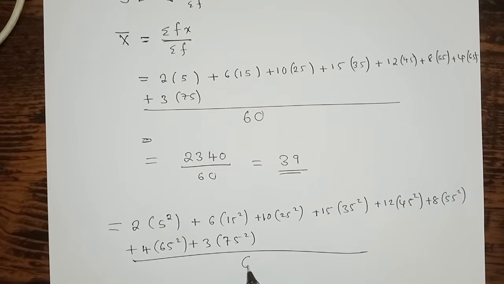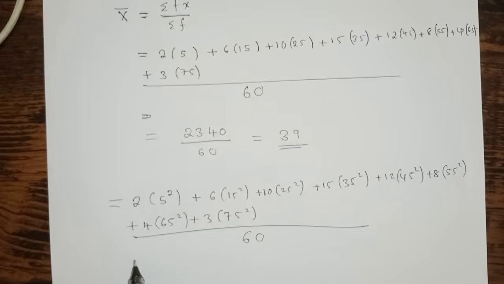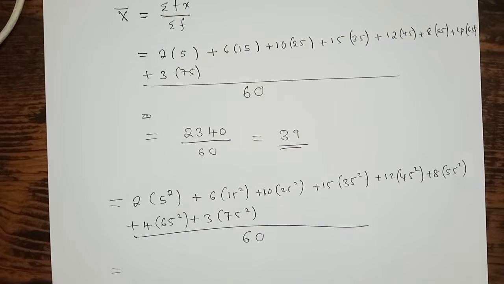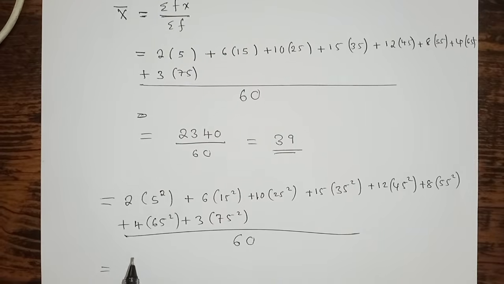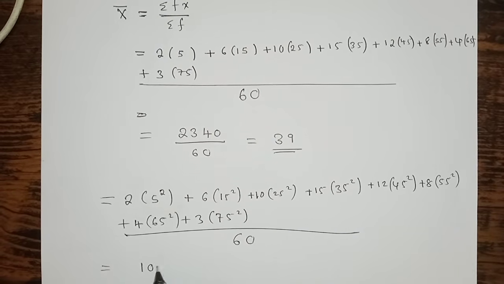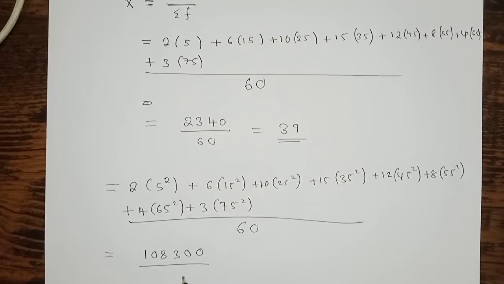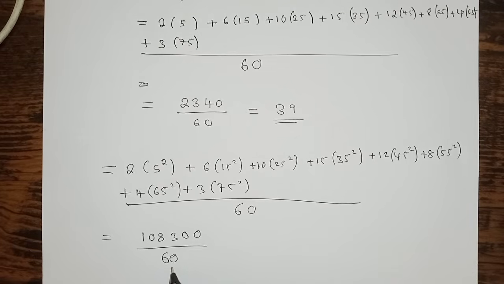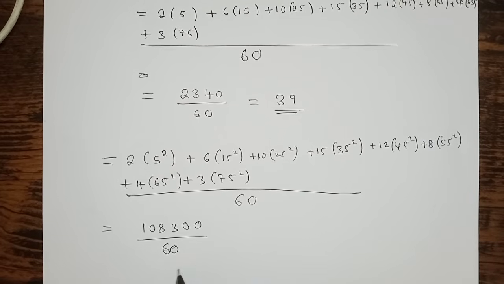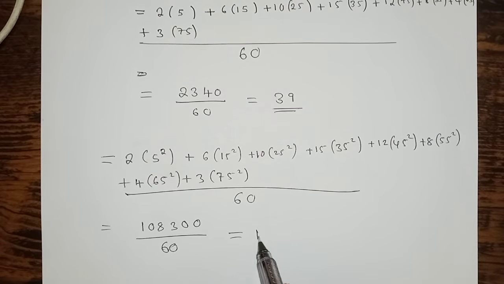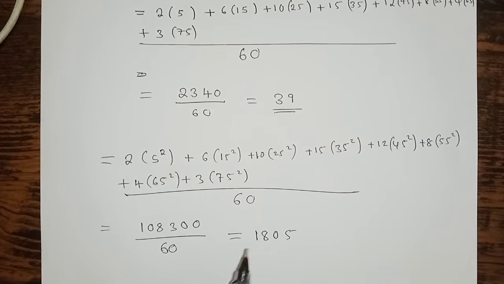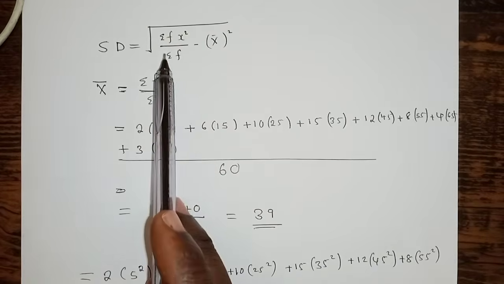Again, over 60. So when you punch on your calculator, you find that you're getting something like this. So you say over 60. When you divide by 60, you're going to get something like this. So this is what we need to put here.